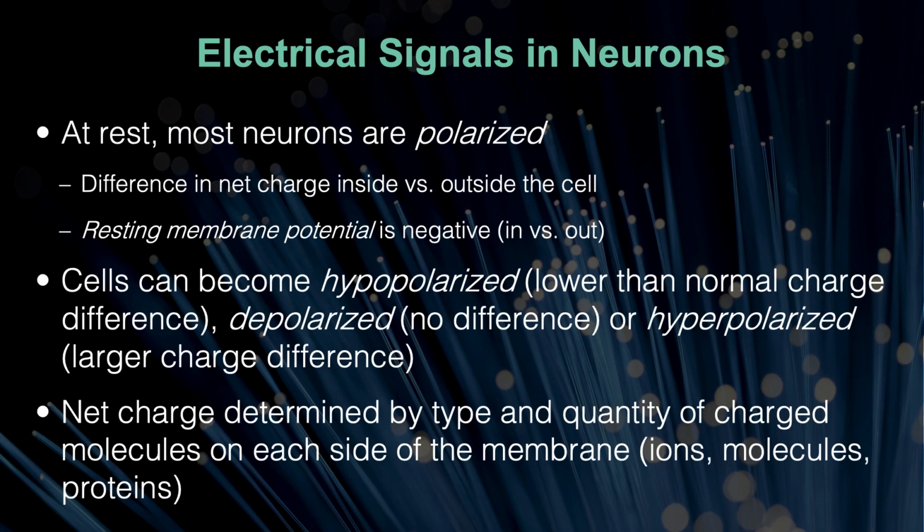The things that we're going to look at in the first video, and that we'll summarize after we watch it quickly, that make up the difference in charge are those ions that we talked about, sodium and potassium. There are other molecules. Phosphate has a negative charge, and that's limited to being on one side of the membrane, and also some proteins that carry negative charges.